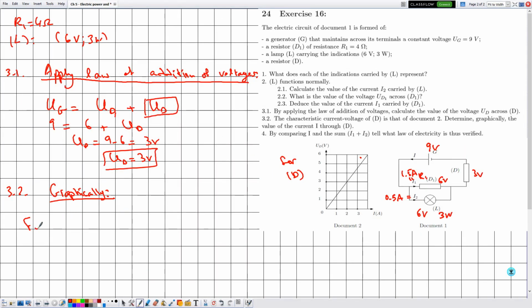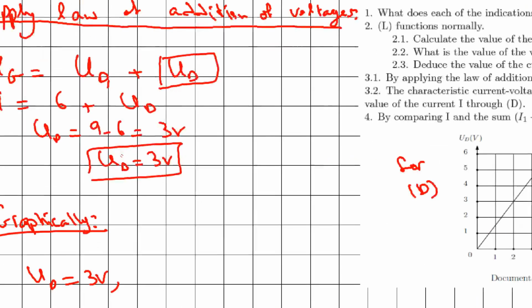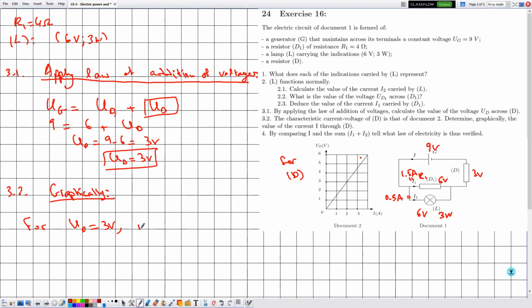So for UD equal to 3 volts, determined in part 3.1, the value of I corresponds to this point on the curve, I equal to 3 amperes. Now that we have determined the value of the current, we can label it here, 3 amperes.